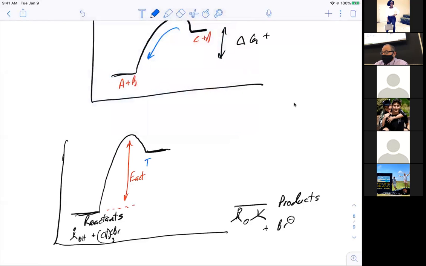This middle point is our intermediates. Now, intermediates are different than transition states. A transition state is the transition between those two sets of compounds, right? And we'll look at a couple of transition states in a second.